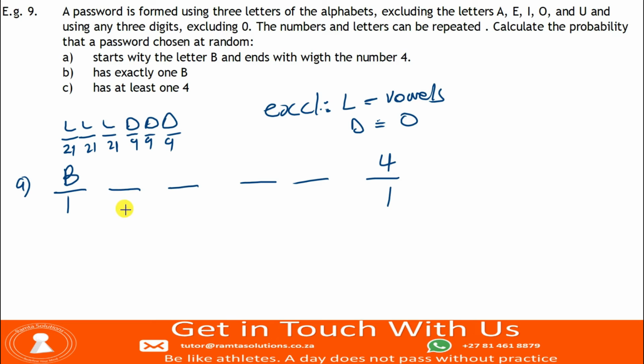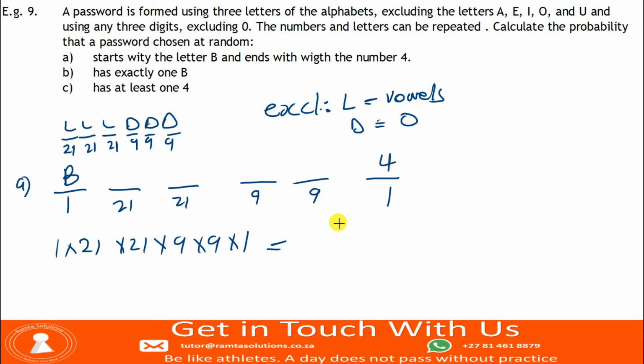But you may repeat letters and digits. So that's 21, 21, 9, 9. So what do we have? 1 times 21 times 21 times 9 times 9 times 1.